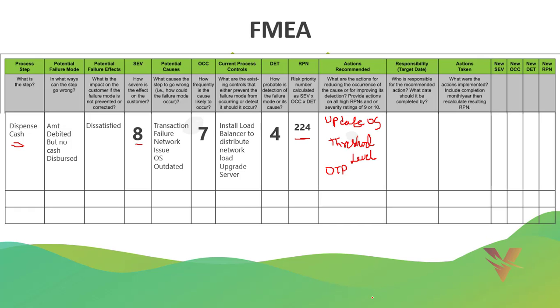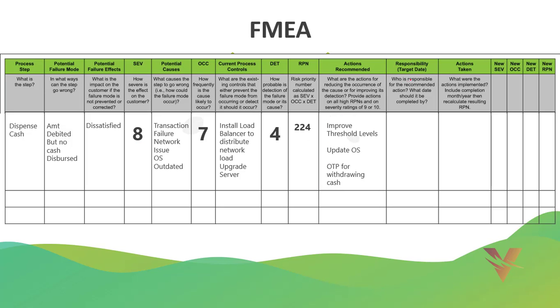After entering the OTP only, the cash will be disbursed. Or even upgrade the server. These are the possible actions which I am giving. It's up to you. You can give your own actions to overcome the cash dispense problem.